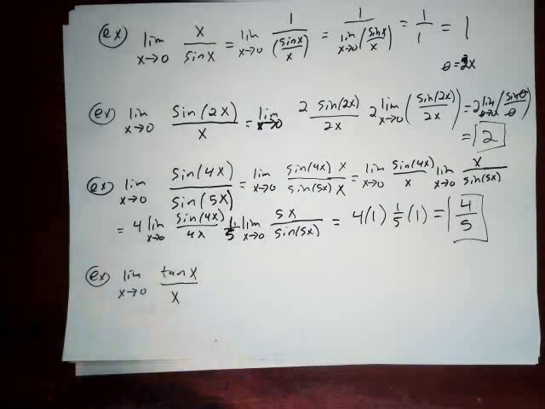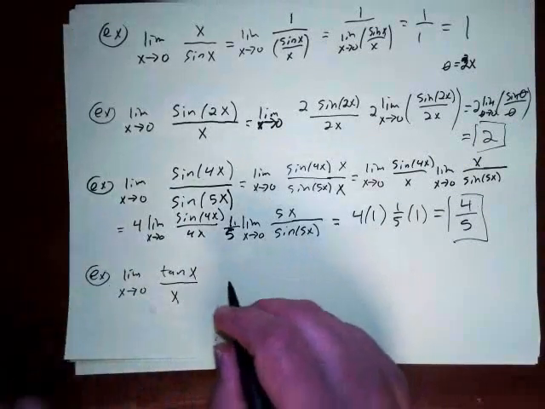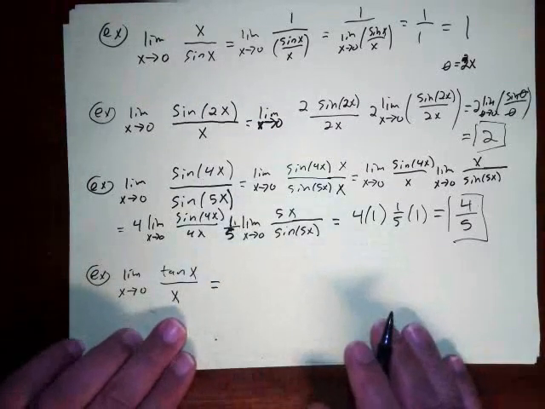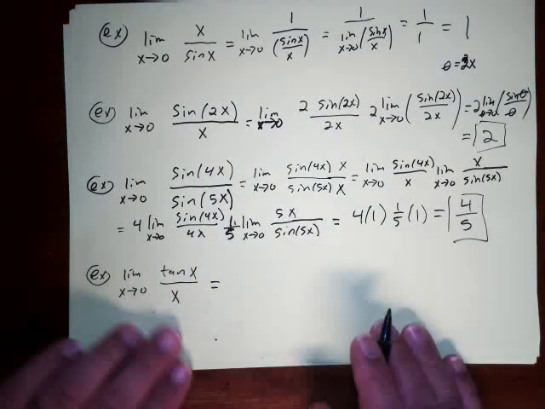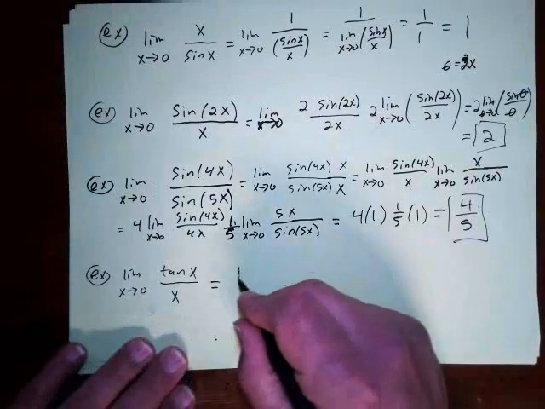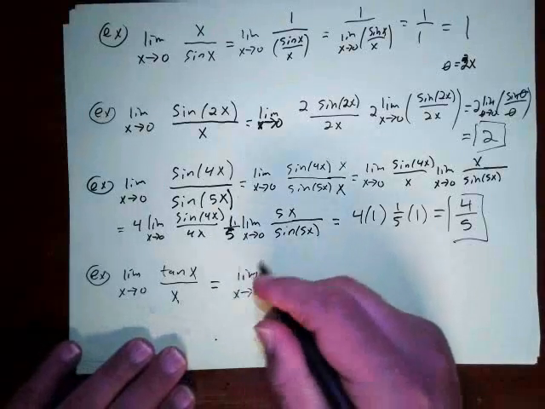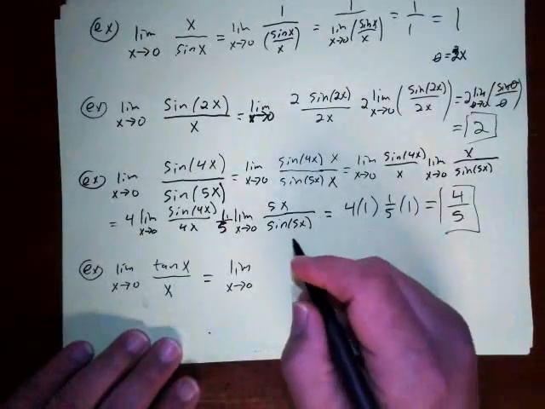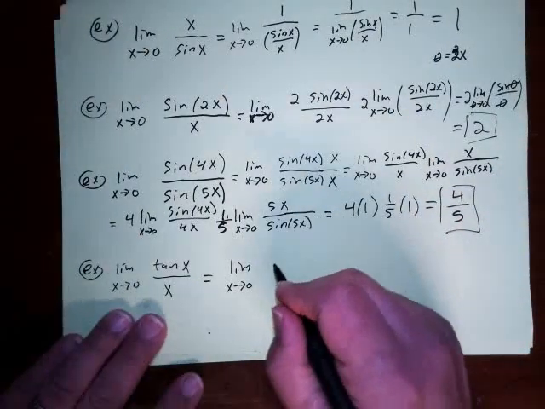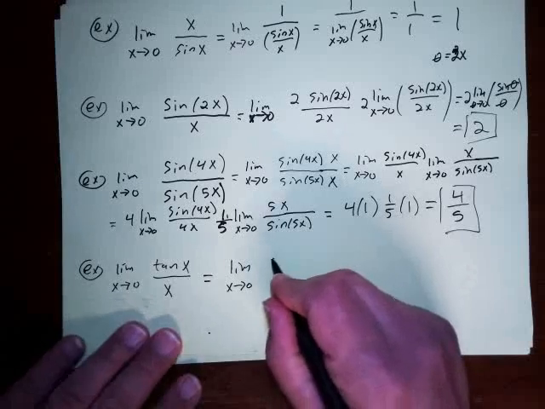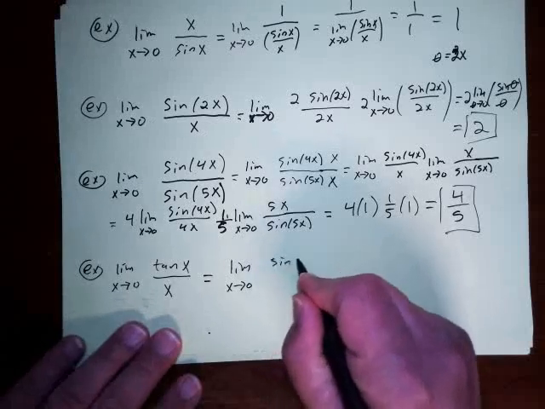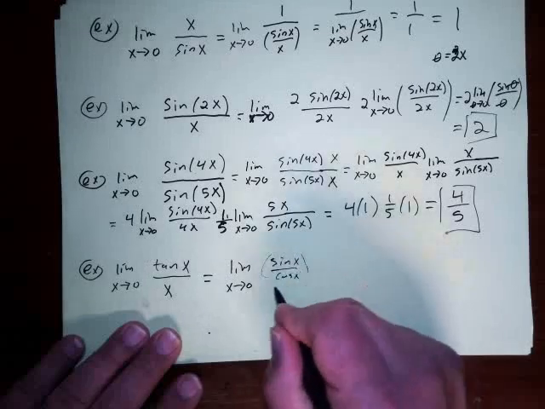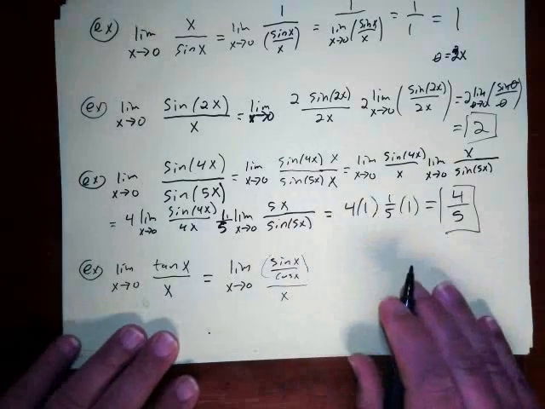So that's kind of interesting. And then let me do one more. What I'm going to do here is rewrite tangent as sine over cosine. So this is the limit as x goes to 0 of sine x over cosine x, all over x.